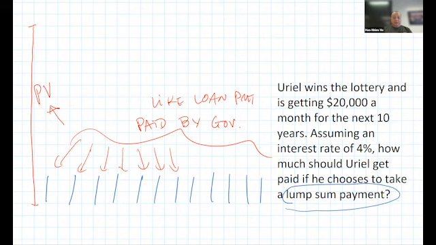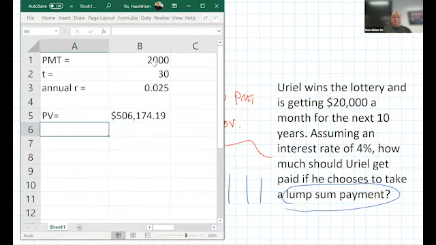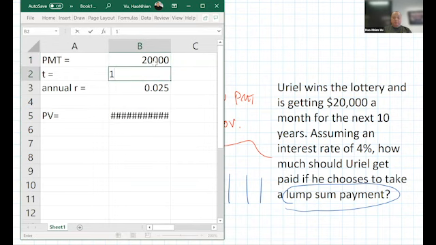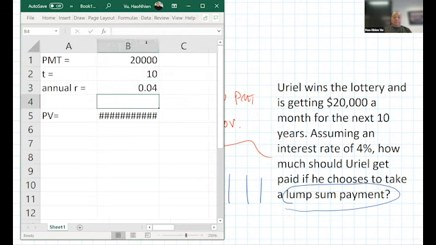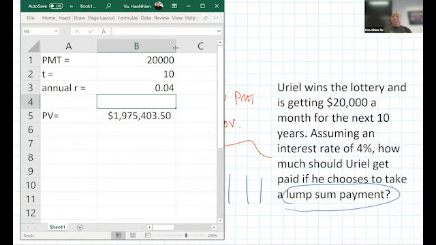So you can use the same spreadsheet as before, but now, even though the question is asking about Uriel, you look at it from the point of view of the government. Then the government is making a $20,000 payment a month for a period of 10 years with an interest rate of 0.04. Present value of this lottery winning is $1.9 million.